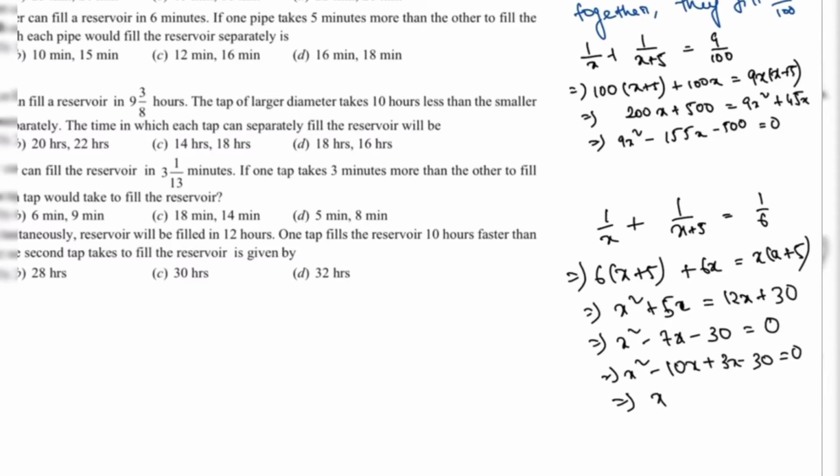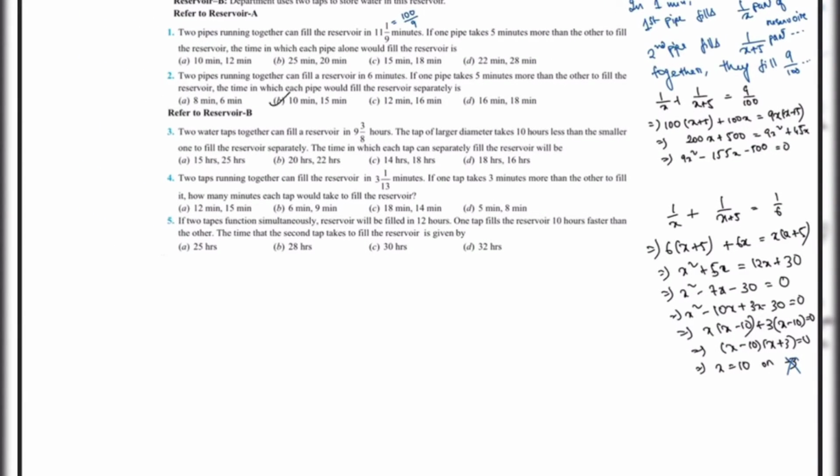That is x times x minus 10 plus 3 times x minus 10 is 0, which means x minus 10 times x plus 3 equals 0. So x equal to 10 or minus 3. Minus 3 is impossible because x is time. So one of them is 10 minutes and the other is 15 minutes. Here is the correct option.